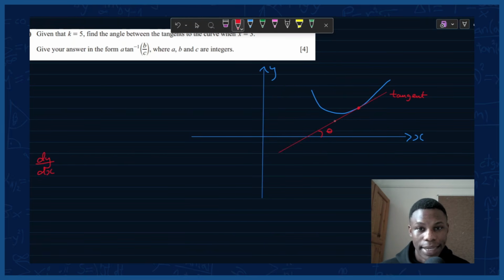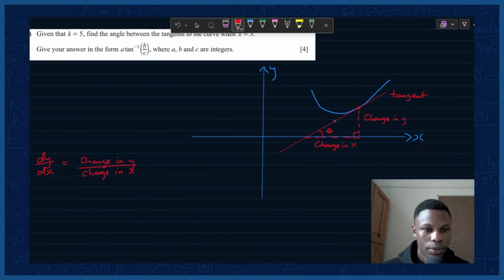But we also know that I can calculate the gradient of the tangent as being the change in y divided by the change in x. So dy/dx is change in y over change in x. But notice that this is a right-angled triangle.